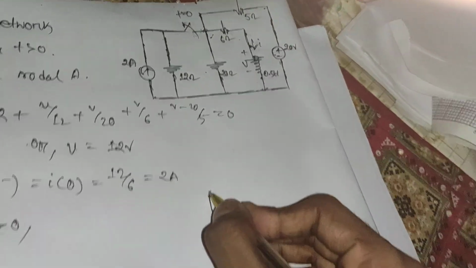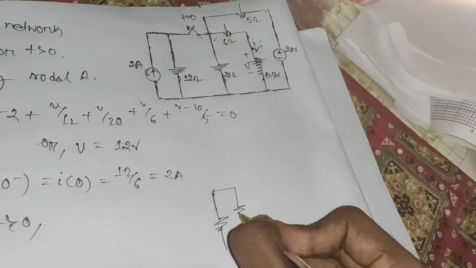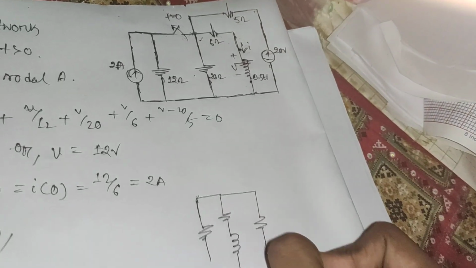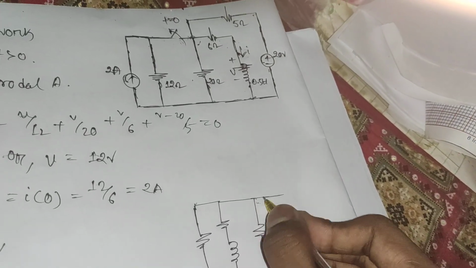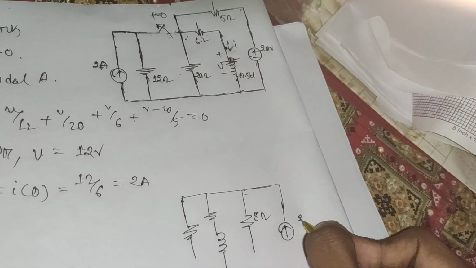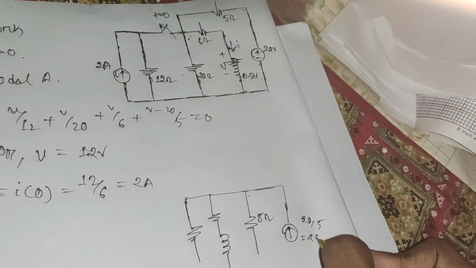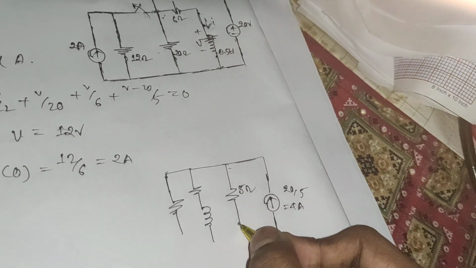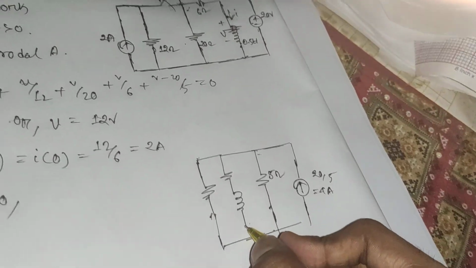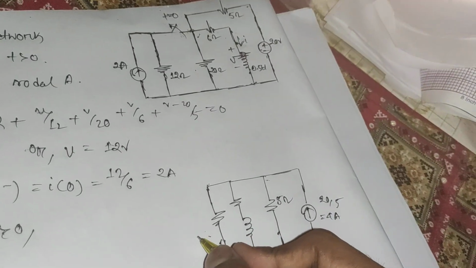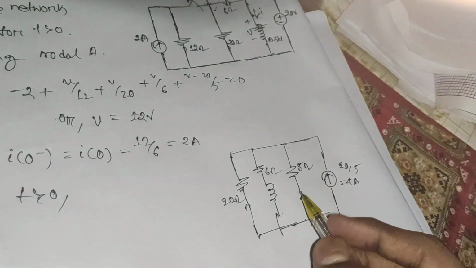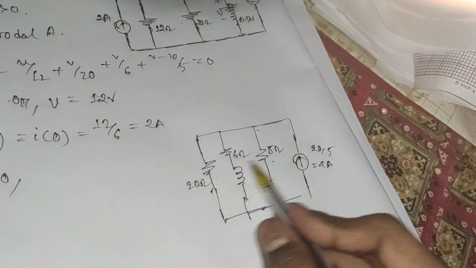Here we have 20 ohm, and here we have 6 ohm with the inductor, and here we have 5 ohm and a current source, with the arrow pointing upward, and 20 divided by 5 equals 4 ampere. Now 20 ohm and 5 ohm are in parallel, right?